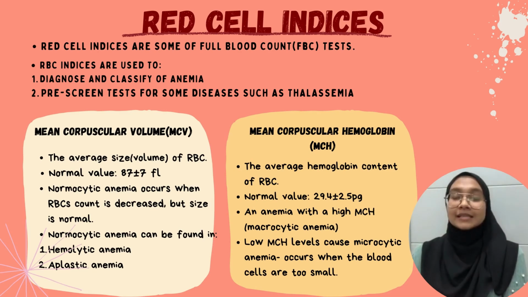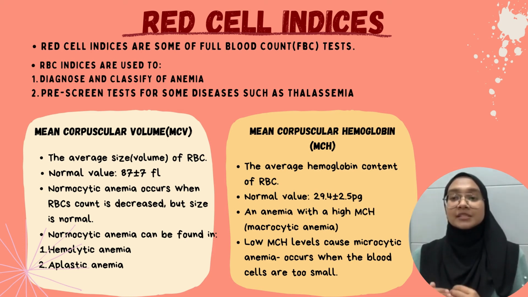Okay, so the last test to detect diseases related to erythropoiesis is the red cell index. Red cell indices are a sum of full blood count tests. These RBC indices are used to diagnose and classify anemia and as pre-screen tests for some diseases such as thalassemia. The first element in the red cell index is mean corpuscular volume, which is MCV.